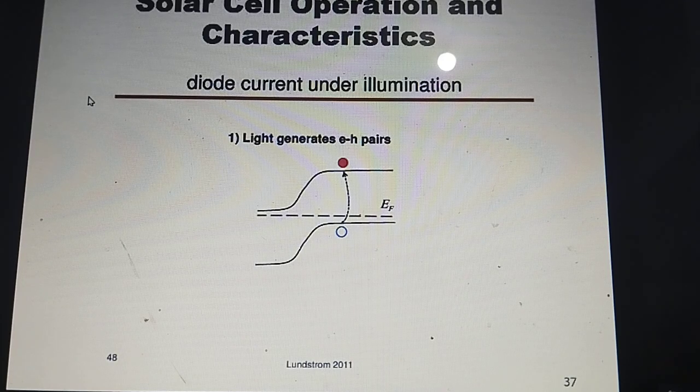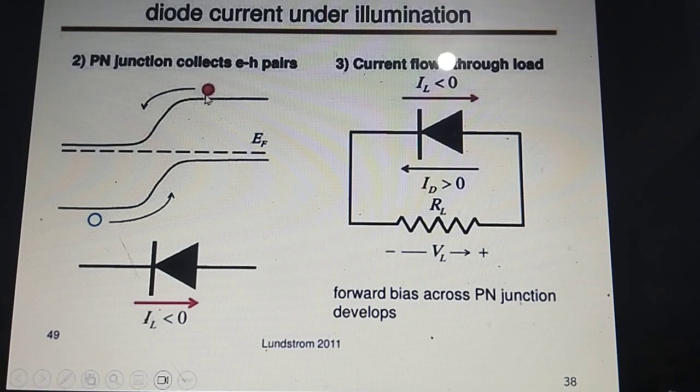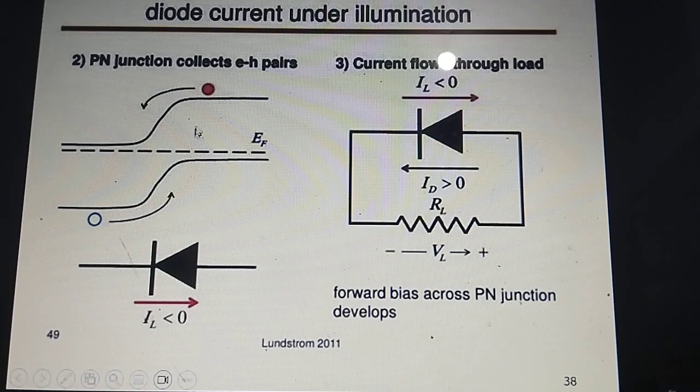So see how a solar cell works. That's very important. We should understand the phenomena. Now you have a PN junction diode. When light falls, electrons go from the valence band to the conduction band, and the electron is in the p-type material, and in the n-type material you have bound positive ions, so it will be attracted by them, and holes will be attracted by the negative ions on the p side.